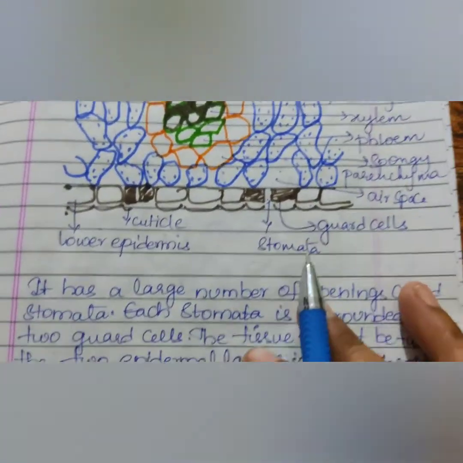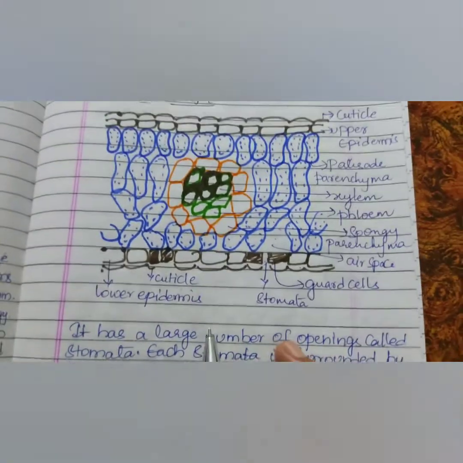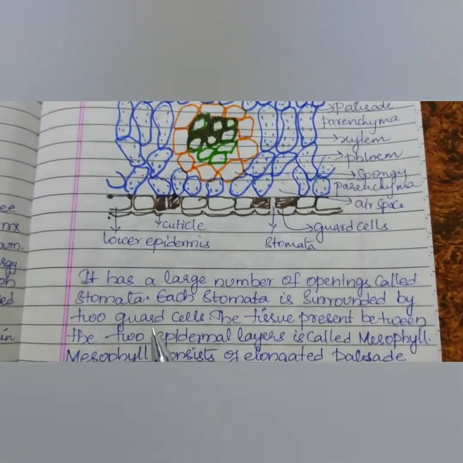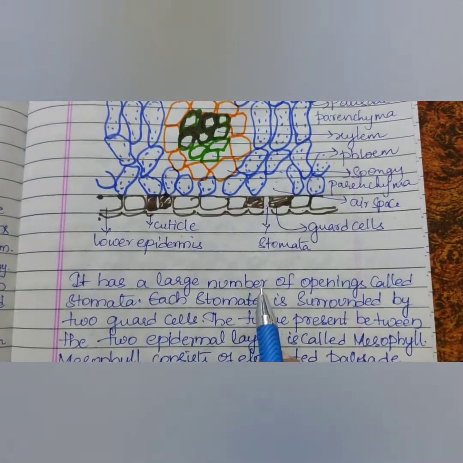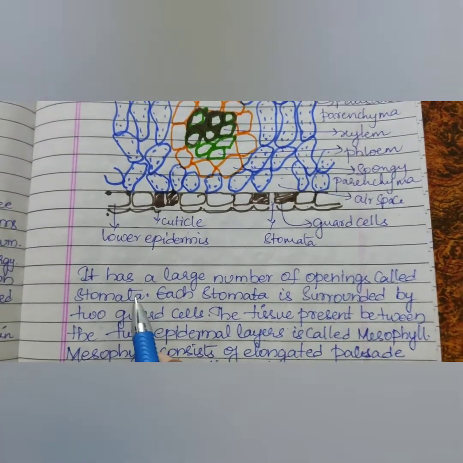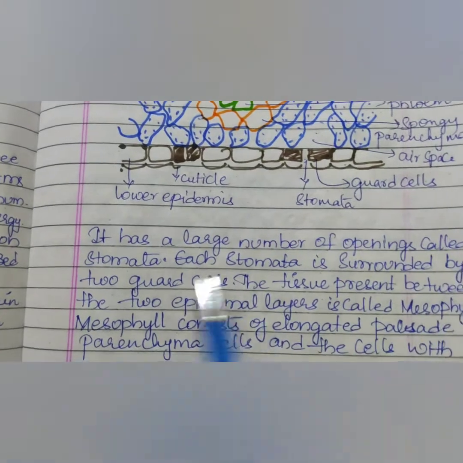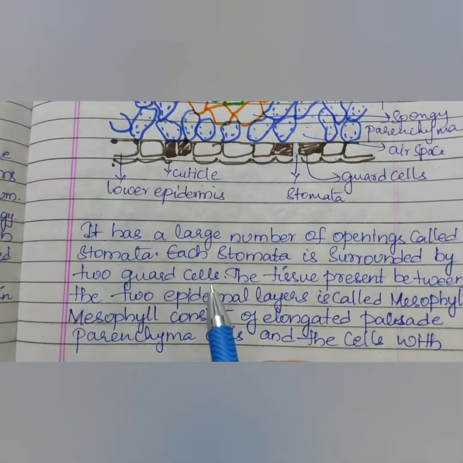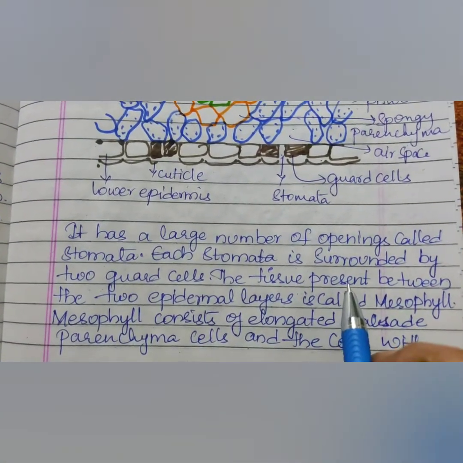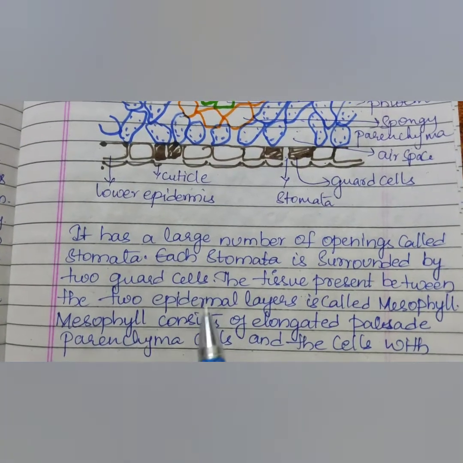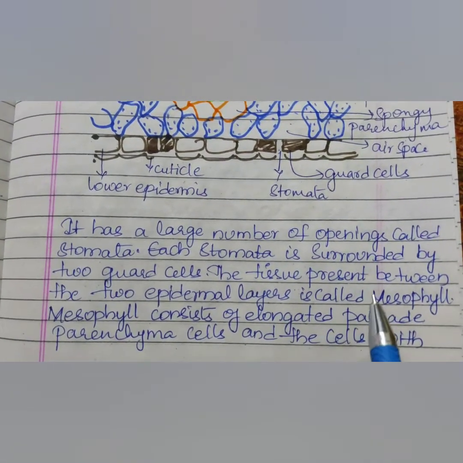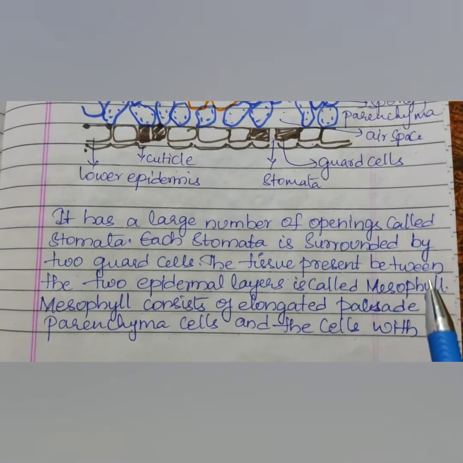Now we'll describe it. The TS of a leaf has a large number of openings called stomata. Each stomata is surrounded by two guard cells. The tissue present between the two epidermal layers is called mesophyll.